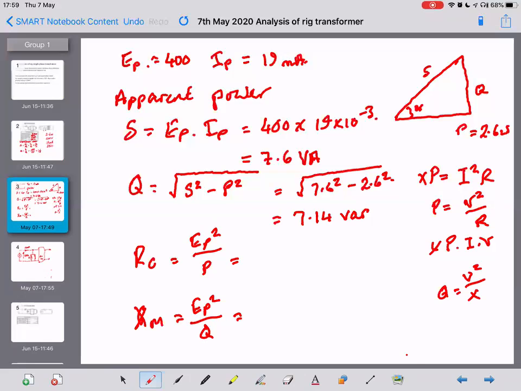So we've got 400 squared over 19, and 400 squared over 7.6. And what results do you get from them?